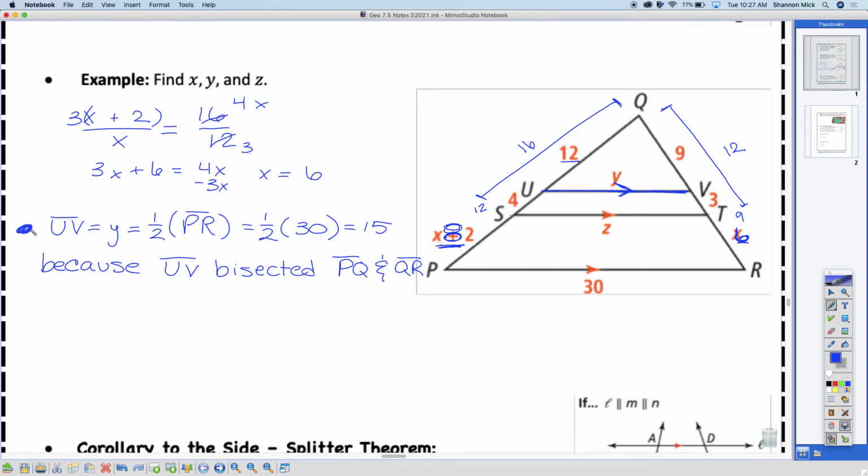So there was Y, right? There was X. We're going to find Z. And I gave you guys enough room, didn't I? I made more room for you. Okay, well, let's see. Well, I know that triangle PQR is similar to triangle QST, don't I?